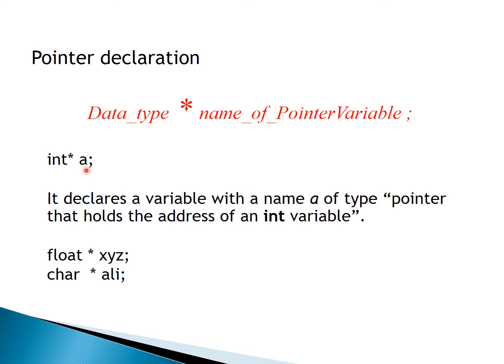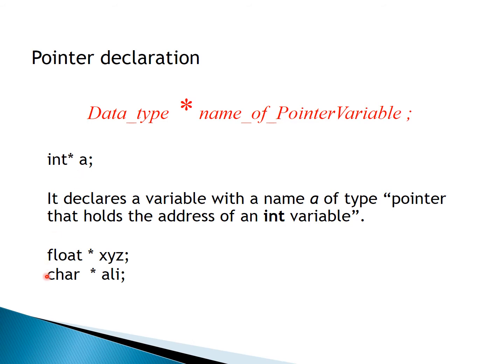So it declares a variable with the name a of type pointer that holds the address of an integer variable. Because this is a pointer variable, it can hold the address of an integer variable. It cannot store the address of a float variable, and it cannot store the address of a character variable.